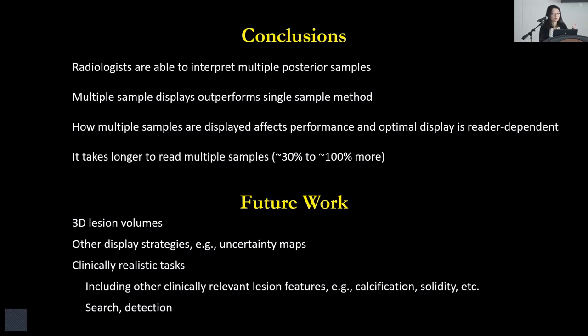We arrived at 30 image samples as a pretty lucky compromise between reading time and how well it captures the posterior distribution. But I can also imagine there's optimization to be done in terms of how many samples to present. I would think it's very likely dependent on the imaging task and the data, so there's definitely further refinement in that area.